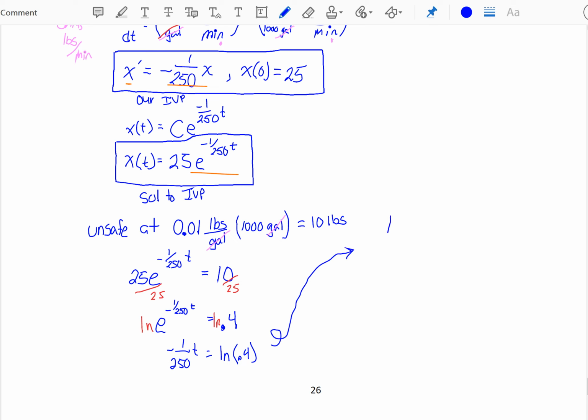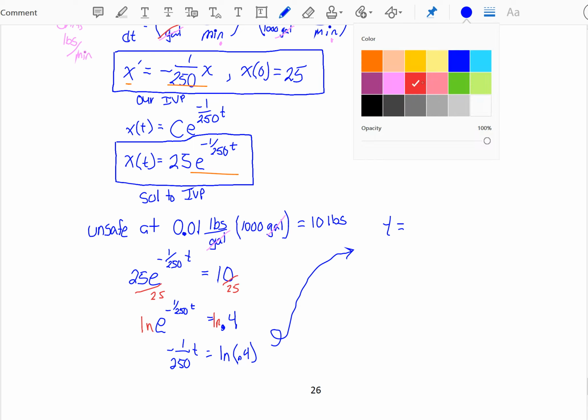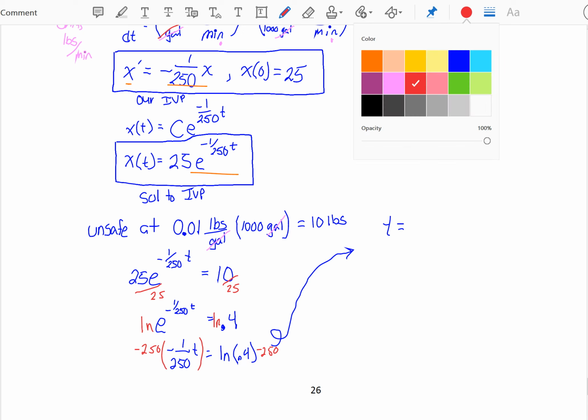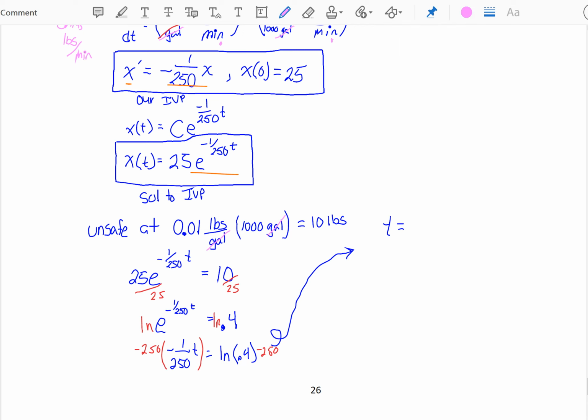Or t is equal to, well, to solve for t, I'm going to multiply both sides by negative 250. When you multiply by negative 250 on the left and negative 250 on the right, then the 250 will cancel.